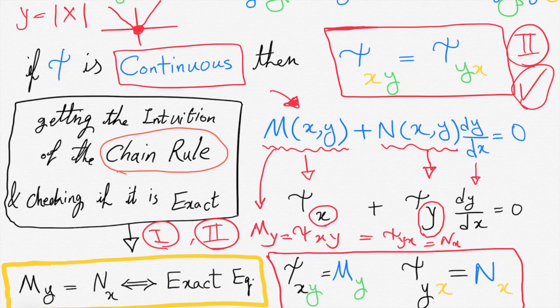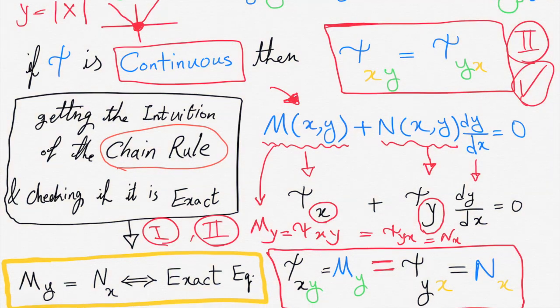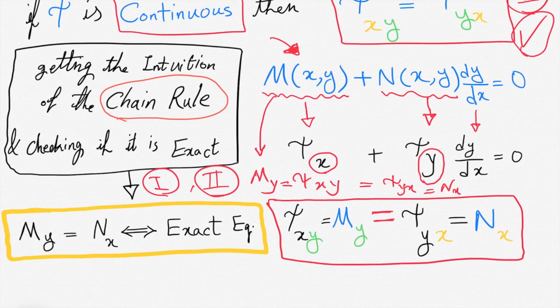Therefore, this is coming out. And if these two are equal, then we say that this is exact. This is a sufficient condition for having an exact differential equation. And for this exact differential equation, we have methods of solving and finding the answers.